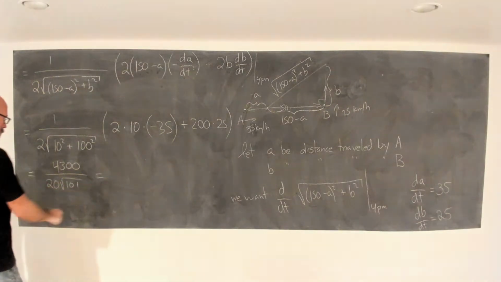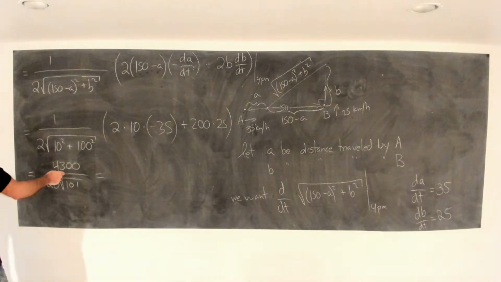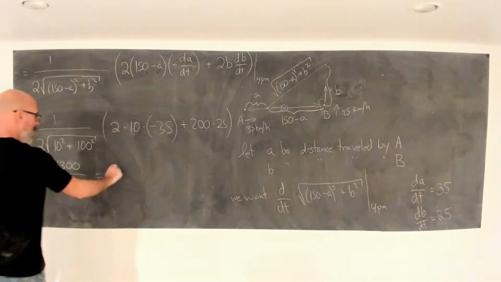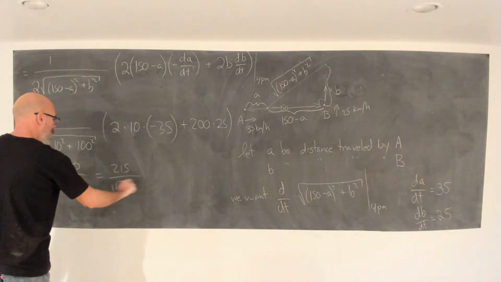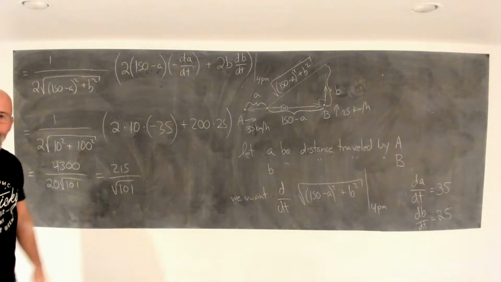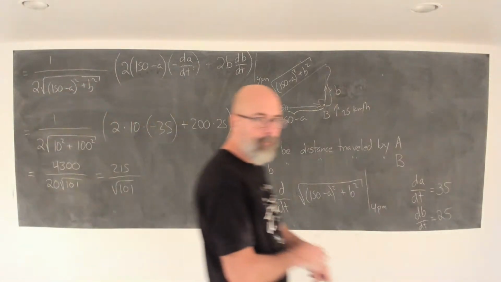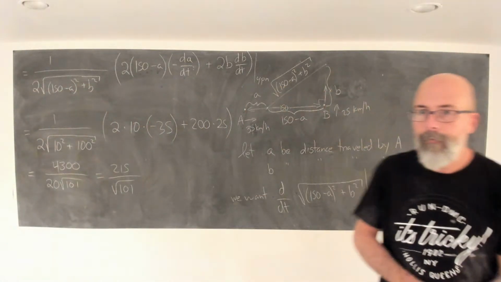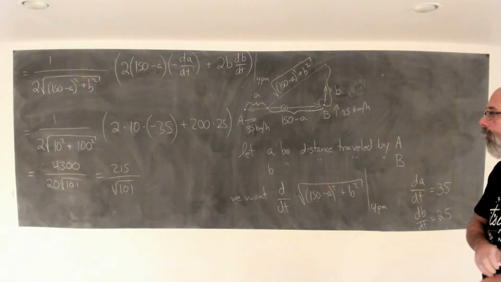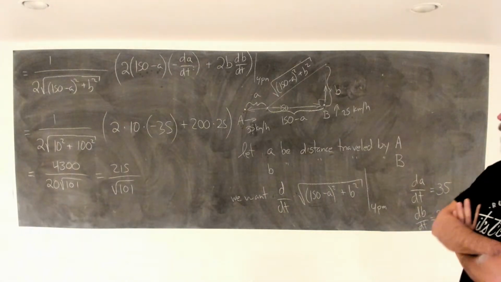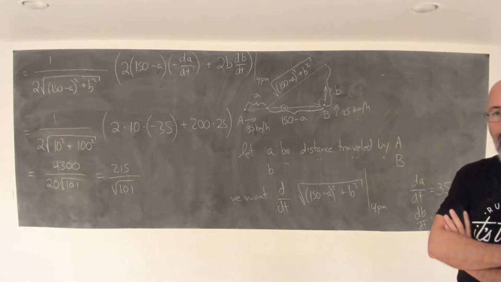The zeros cancel out. 215 over square root of 101. Is that correct? Anybody? Could be wrong here. Does anybody have that? Thank you.